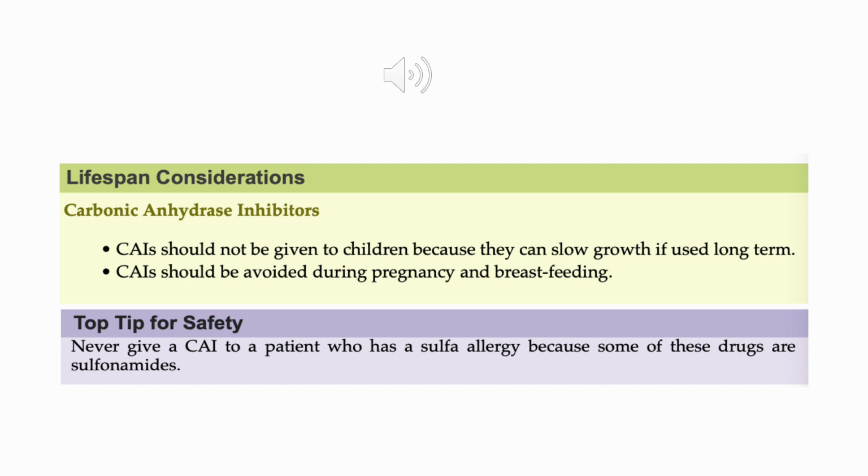When CAIs are taken orally or intravenously, the patient can experience a wide range of adverse effects, including neurological effects, confusion, dizziness, numbness of the hands and feet, paralysis, severe skin infections, severe electrolyte imbalances, and liver failure.